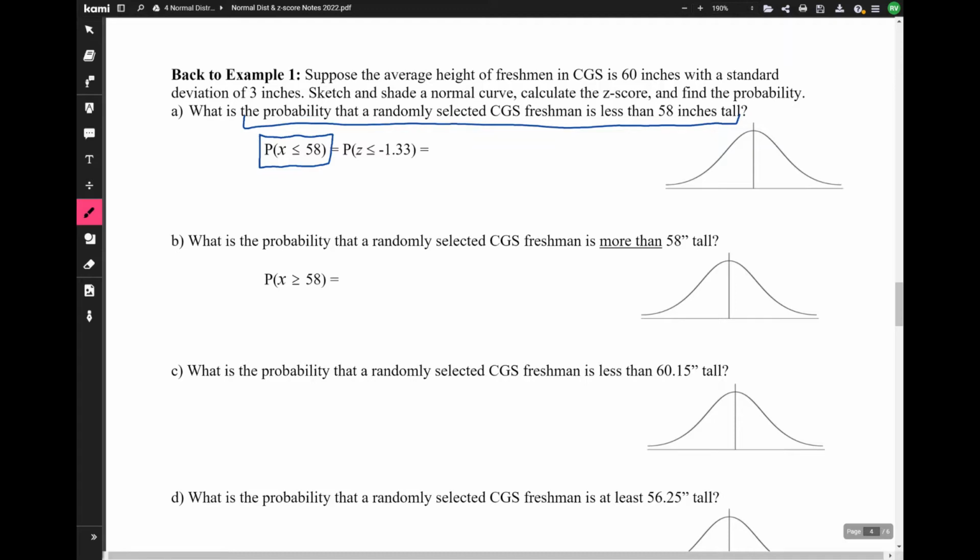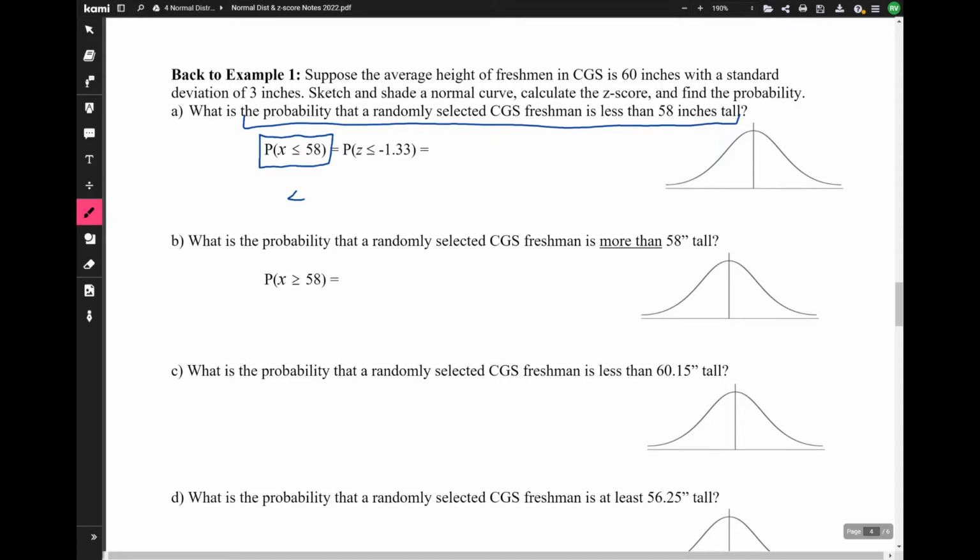I guess technically it should be strictly less than, but with probabilities in the normal distribution, it doesn't make a difference. The number ends up being the same either way.